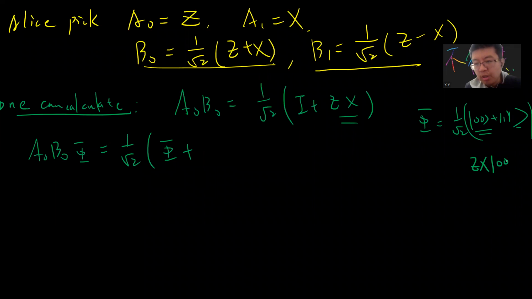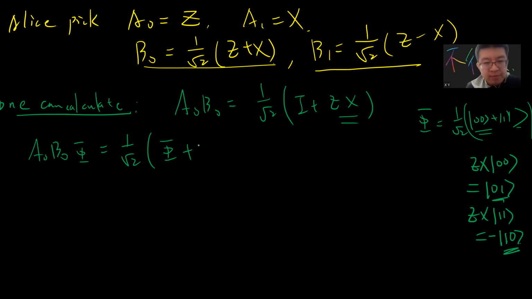So Z will still fix, X will give a 1, so it becomes 0, 1. And ZX on 1, 1: Z will give minus 1, but X will flip the 1, so it's basically 1, 0. But it's 0, 1 and 1, 0, so it doesn't go back down to the original phi.